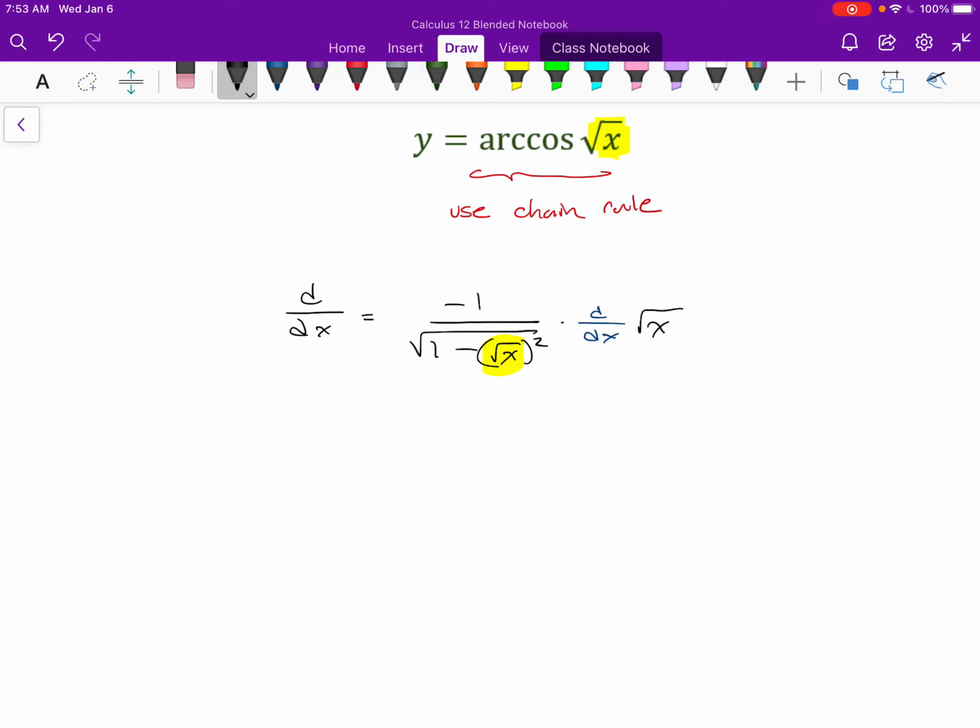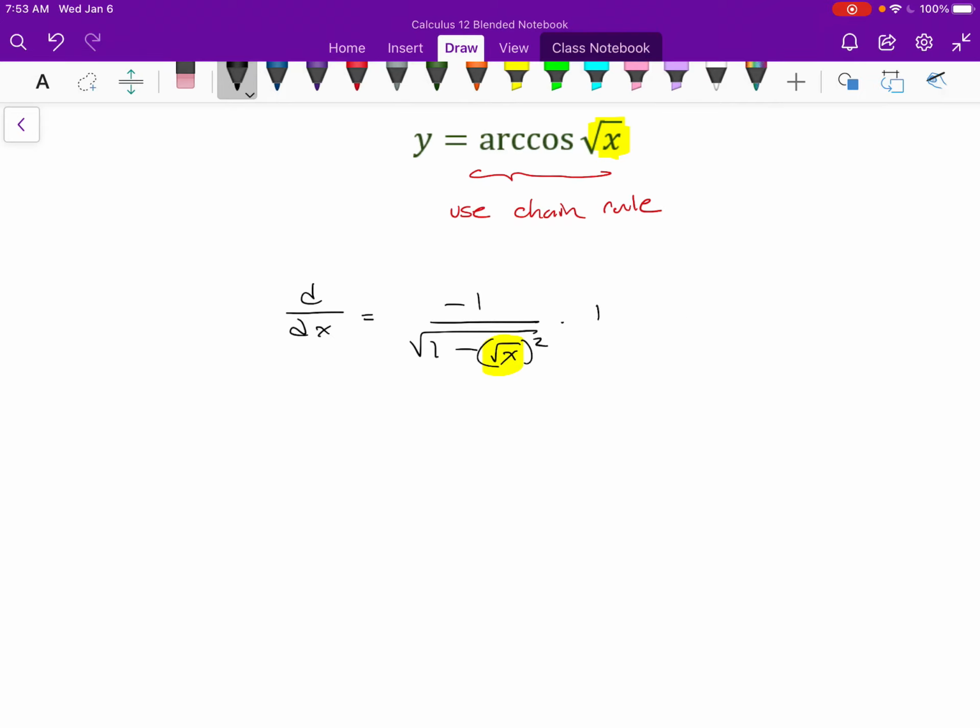Which, that said, I'm going to erase that in a moment. Nothing here is wrong, but the derivative of root x is the same as the derivative of x to the 1/2. And the derivative of x to the 1/2, I can use a chain rule, is 1/2 x to the negative 1/2. So not the chain rule, the power rule.